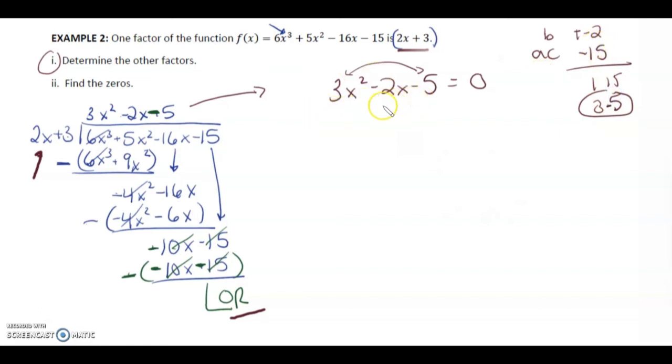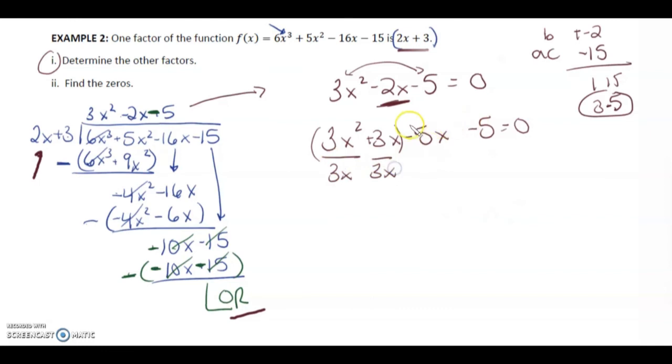So decomposition: we're going to break down this middle term. Copy the first and last terms. We decompose the middle term into plus 3x minus 5x. Now we're going to common factor twice. Common factor here a 3x, and here a negative 5.